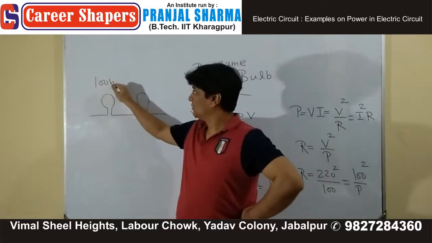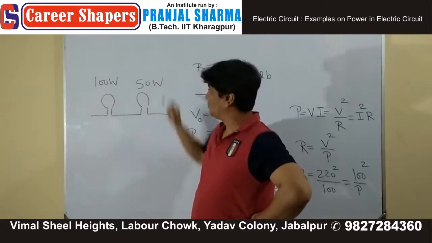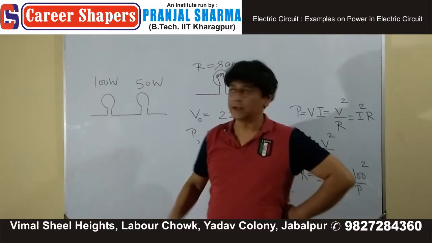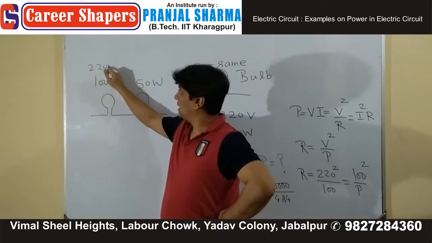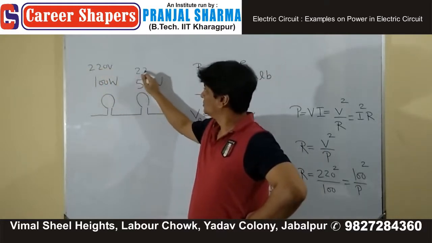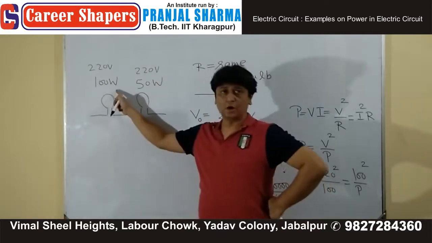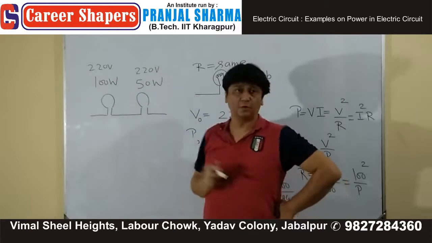There are two bulbs of 100 watts and 50 watts. These are the standard readings. They both operate at 220 volts. 100 watts, 220 volts, 50 watts, 220 volts.